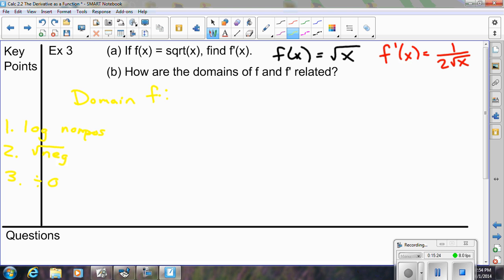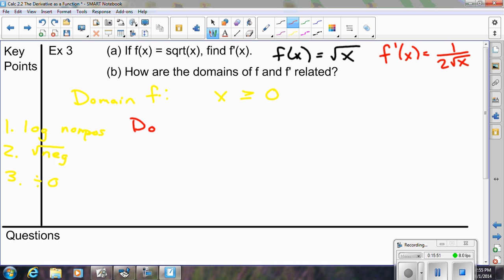Those are the three problems that we can run into. Well, we have no logarithms, so no problem with number 1. Since these are square root functions, of course, worrying about the square root of a negative is going to be an issue. So for the domain of f, we need x to be greater than or equal to 0. That way we can avoid the negatives. There's no division in that one, so we're okay there as well.